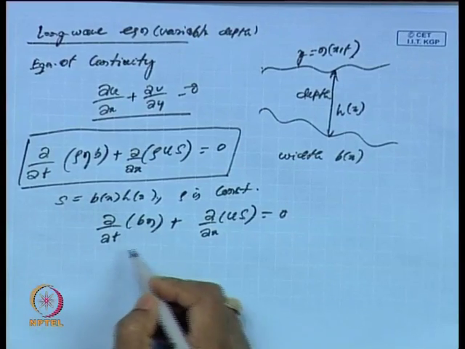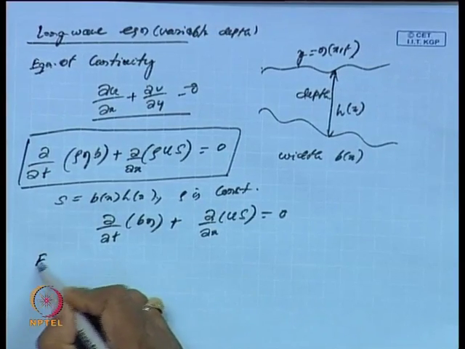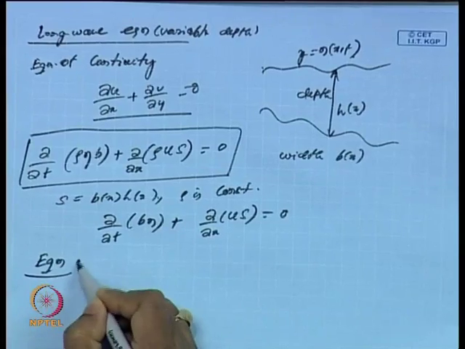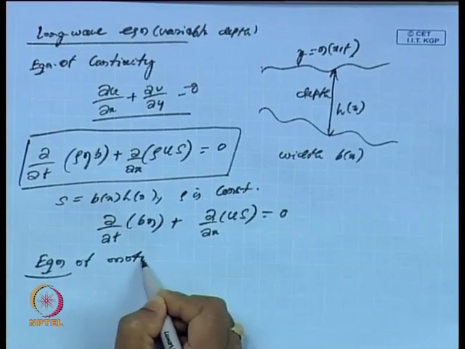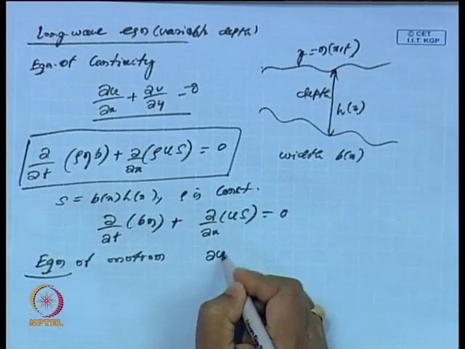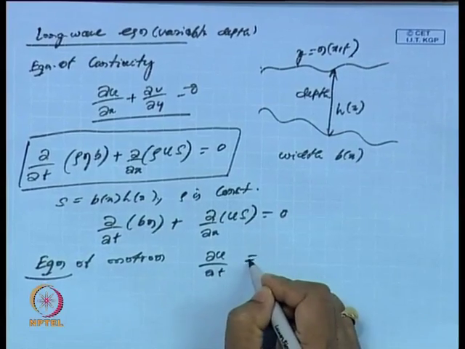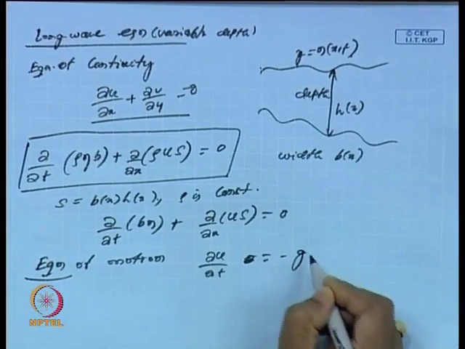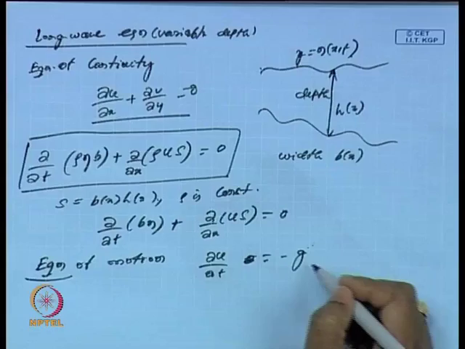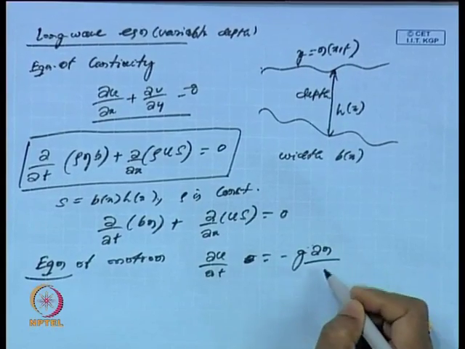Now again we have the equation of motion, that is del u by del t plus g del eta by del x equal to 0.